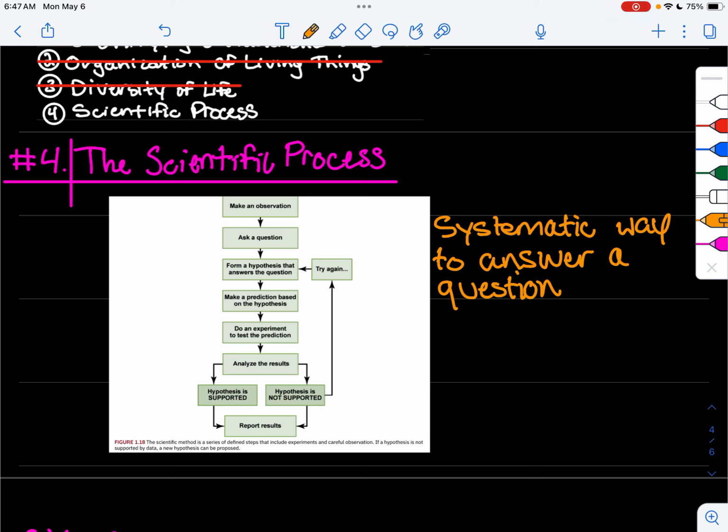Let's use the toast example. You make an observation: my bread is not toasted. Why is my toaster not toasting my bread? Form a hypothesis. And a hypothesis is in the form of an if-then statement.